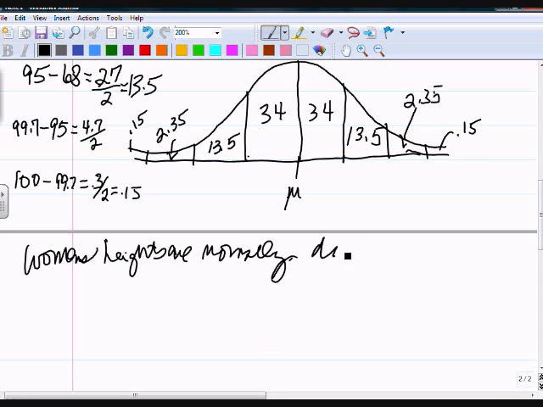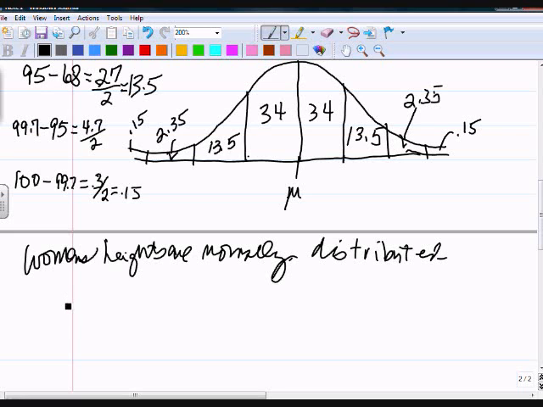And a lot of things are normally distributed. When you talk about very large populations, you talk about SAT scores. When you're talking about most standardized scores, machine operations, generalities about how people do things, you get a normal distribution in a lot of cases.